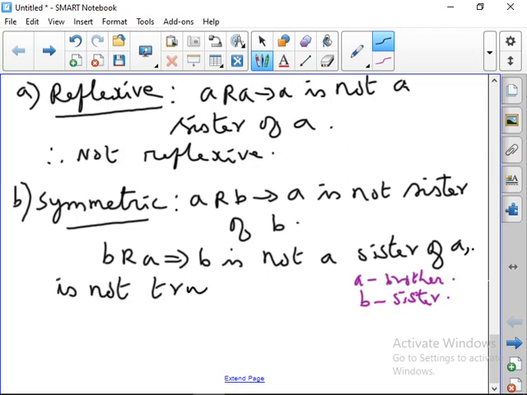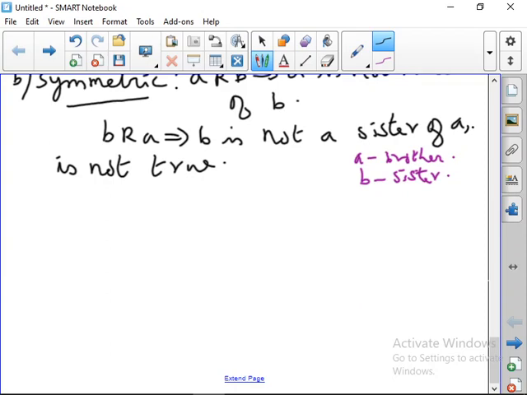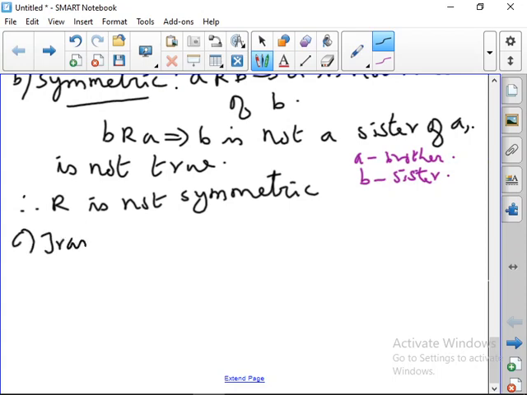Therefore R is not symmetric. Then we will go for transitive.